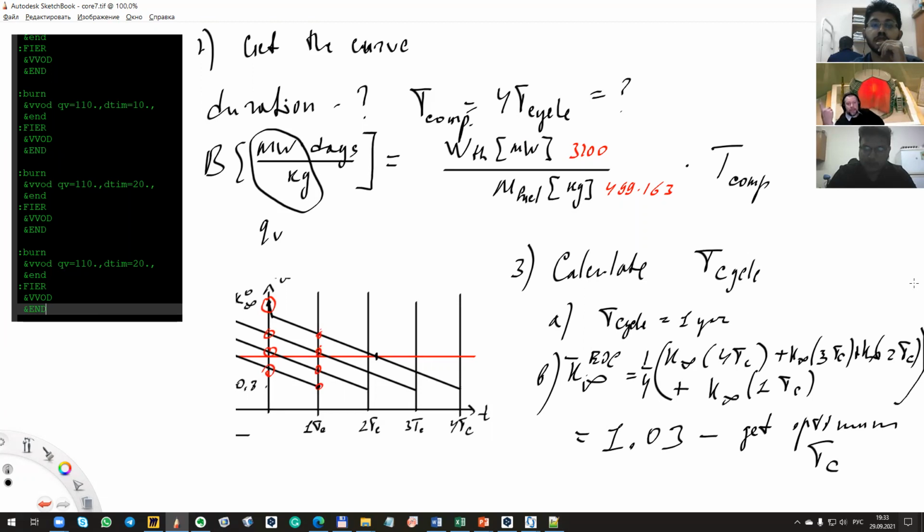If you get the time of cycle multiplied by 4, then you get T campaign, and you can calculate the burn up. That's the idea.